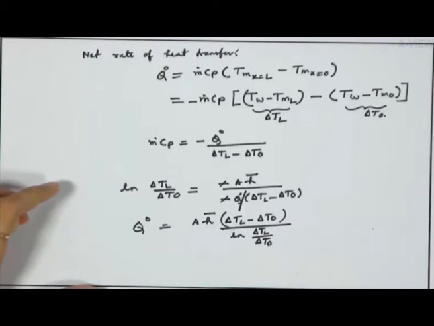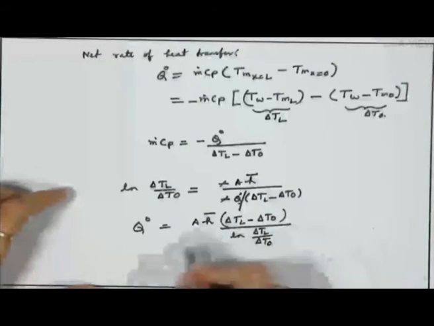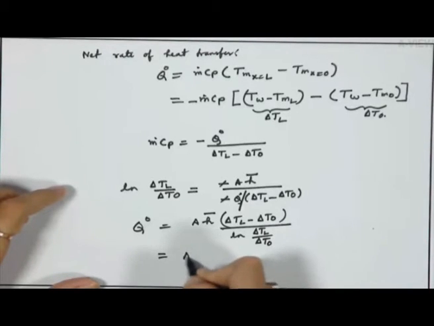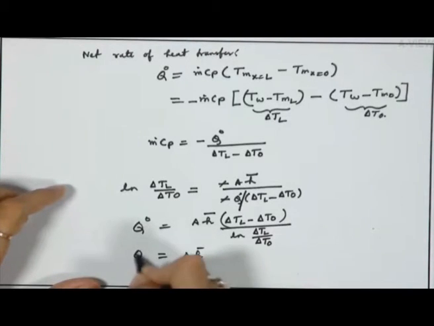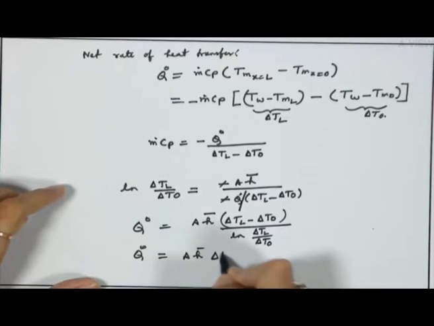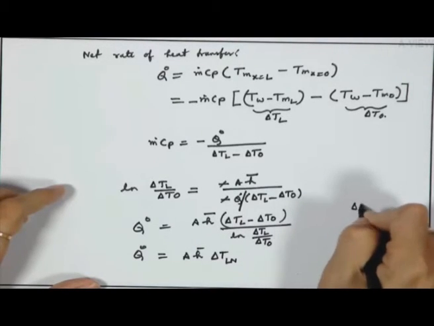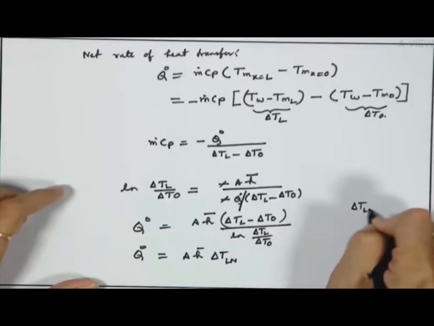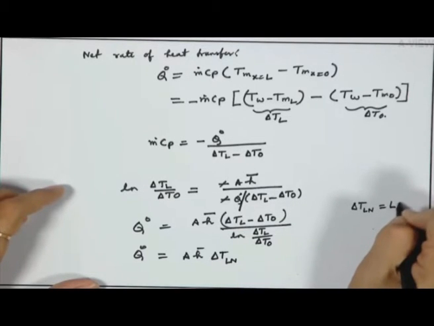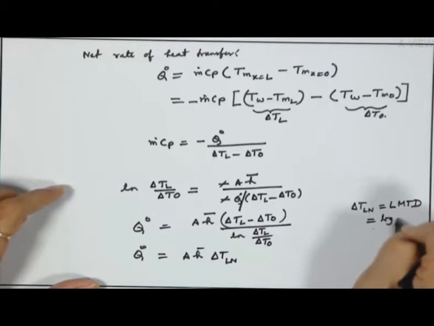So, this is equivalent to something which is a very interesting concept that we have now introduced. This is called delta T ln, which is called LMTD, logarithmic mean temperature difference.